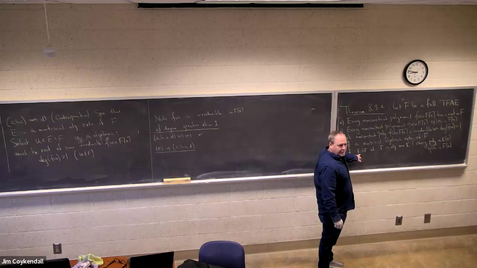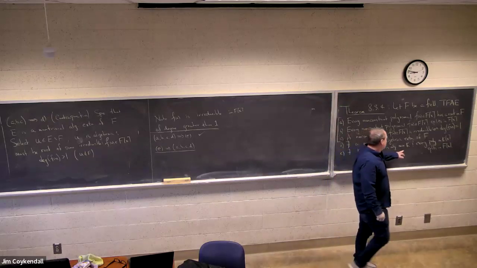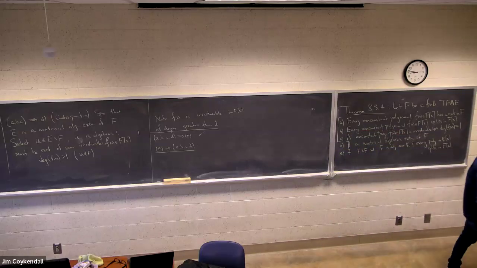Our worry is this could be a proper subfield, right? And we know that every polynomial in K[x] splits in F[x]. How do we know that every polynomial in F[x] actually splits? I think it's key here that F is algebraic.